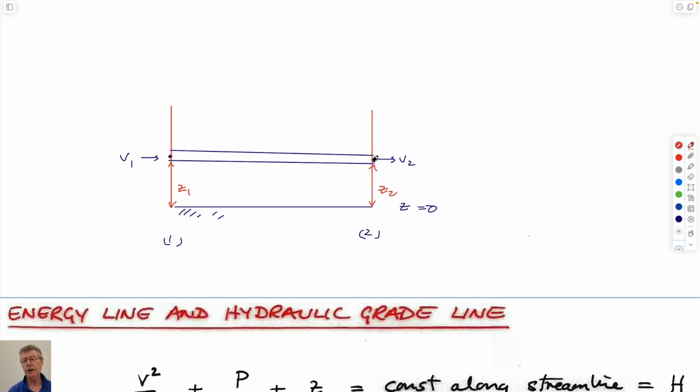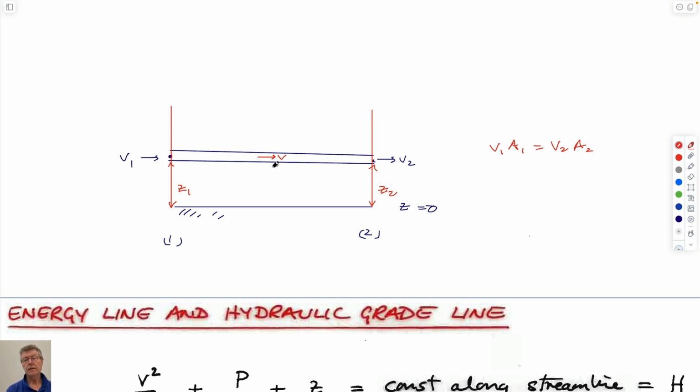This is the elevation halfway through the pipe. This is a pipe, nothing else. So the flow is within here. This is V, which is the same as V1. We know that V1 A1 equals V2 A2. So if A1 and A2 are the same, then the velocity V1 and V2 have to be the same.